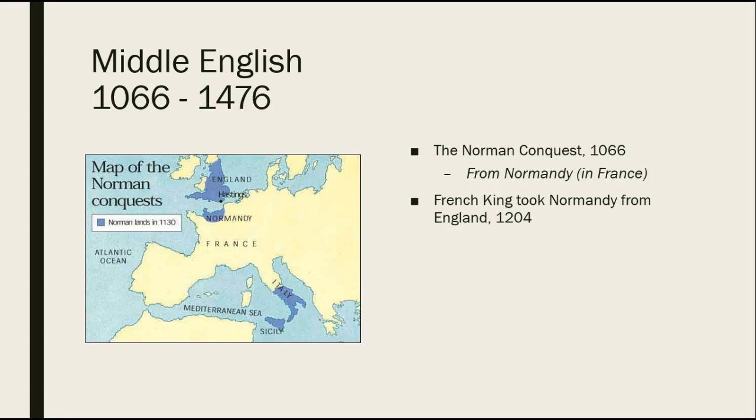And this interaction resulted in dramatic vocabulary changes due to the influence of French. Now, it's important to note that the French spoken by the Normans was a provincial dialect, different from that spoken around Paris, which is not marked on our map, but is more in the center of France. Also, the Normans themselves were only a few generations removed from the Vikings.